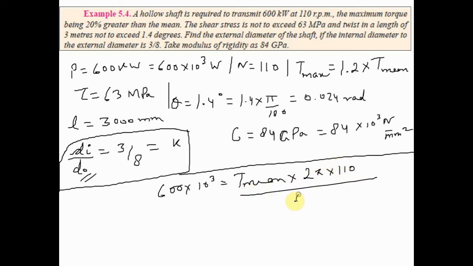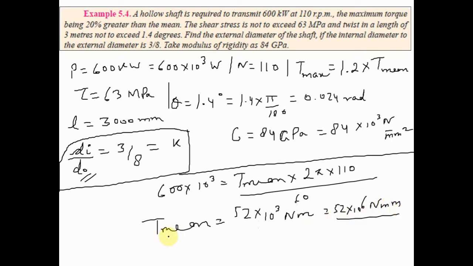T mean, what you will get? You will be getting 52 into 10 to the power 3 Newton meters. You can write 52 into 10 to the power 6 Newton millimeters. This is the value of T mean.